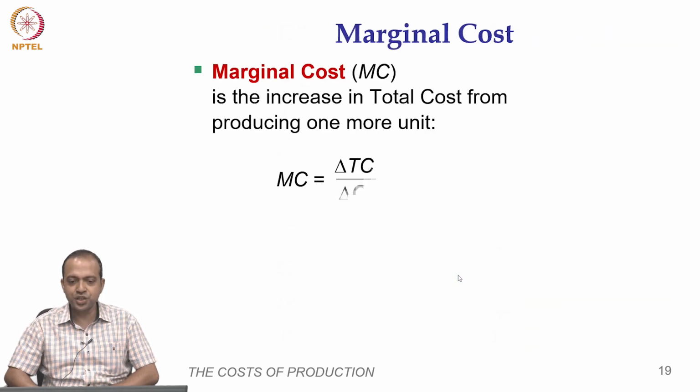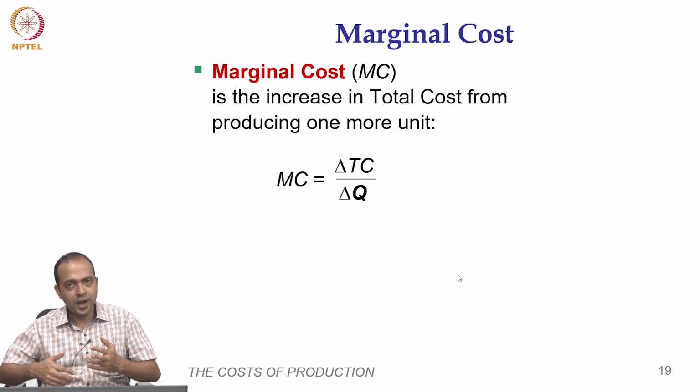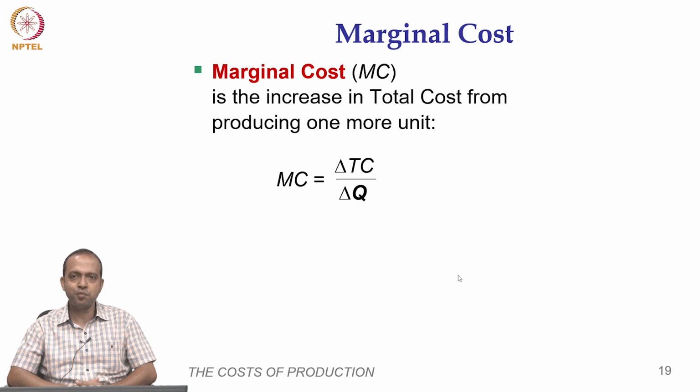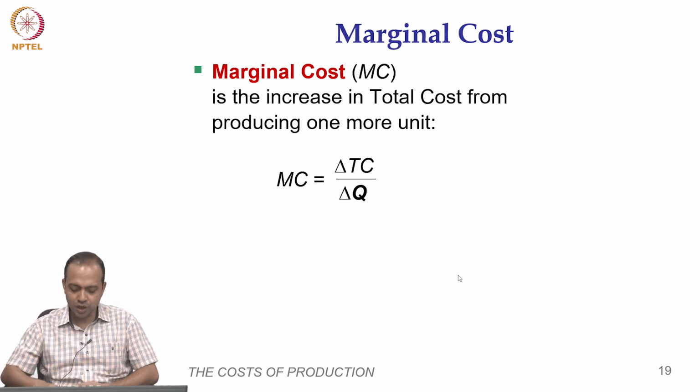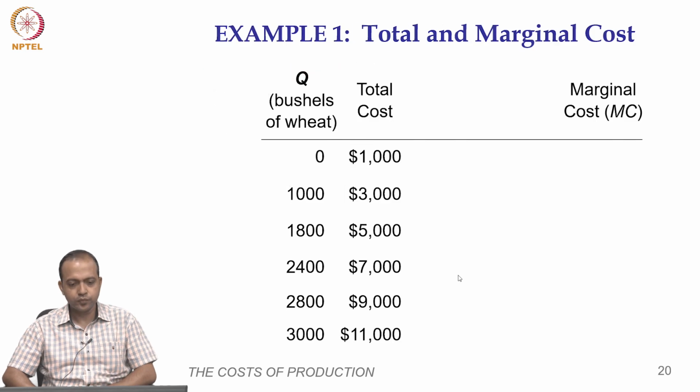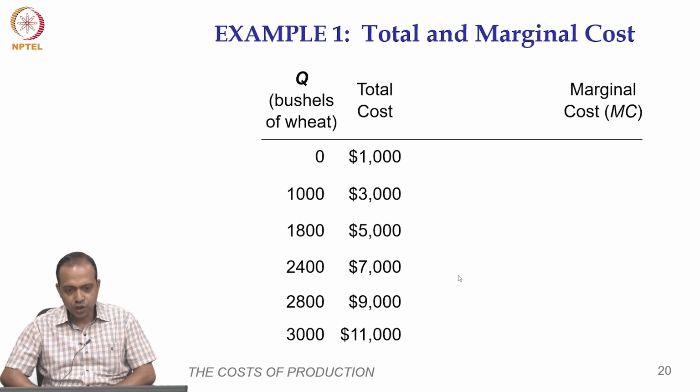Now, talk about marginal cost. Again, marginal means, like the way we define marginal product, the same analogy you can apply to get the concept of marginal cost: change in total cost due to change in 1 unit of output. Now, again if you plot the total cost, you will get the marginal cost.